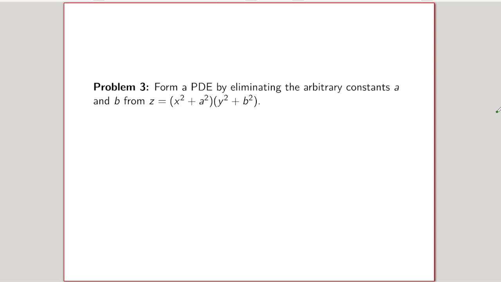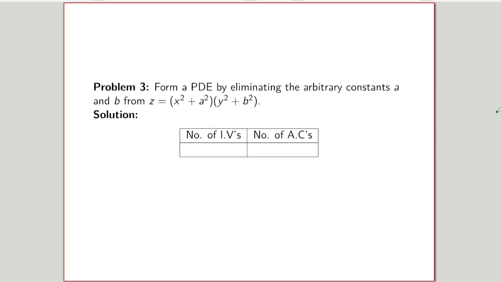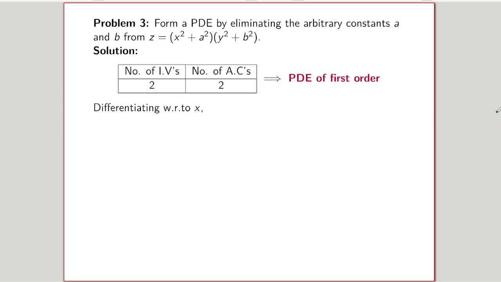The next problem: form a PDE by eliminating the arbitrary constants a and b from the equation z equal to x squared plus a squared into y squared plus b squared. The number of independent variables is 2 and the number of arbitrary constants is 2. Both are equal, so we will be getting a first order PDE. Differentiating with respect to x, dou z by dou x, we can use the u and v method, so 2x into y square plus b square.